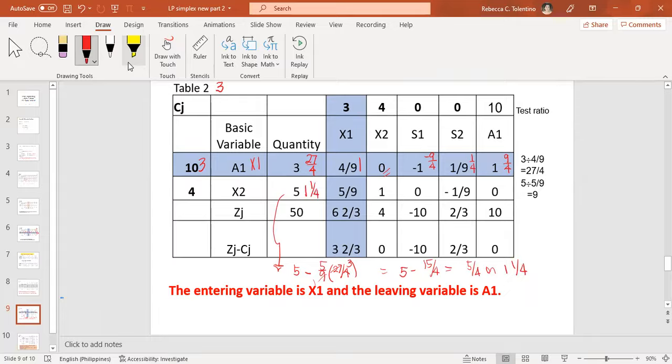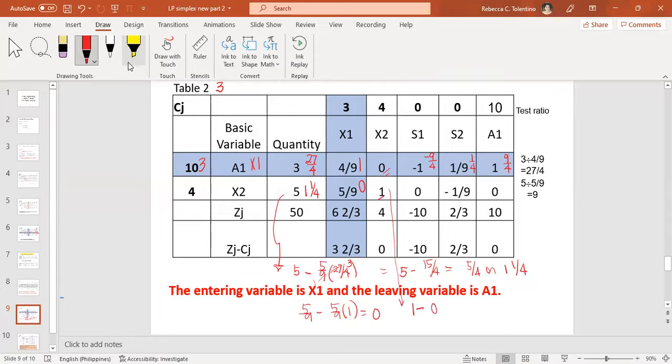Okay, so ito naman, yung para dito, that's 5/9 minus 5/9 times 1. O di syempre 0 na yan, which is as expected. Di ba sabi ko, yung pivot will become 1 and all the remaining entries will be 0. So para naman dito, so that's going to be 1 minus 0 times kahit na ano naman, 0 pa rin.